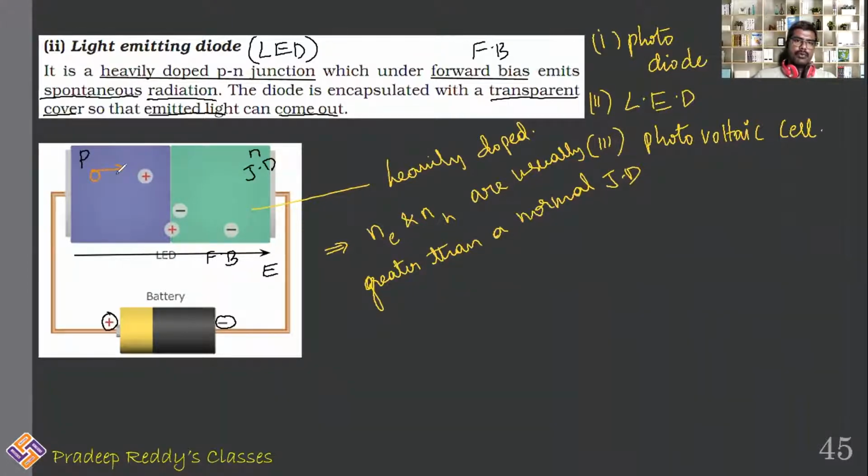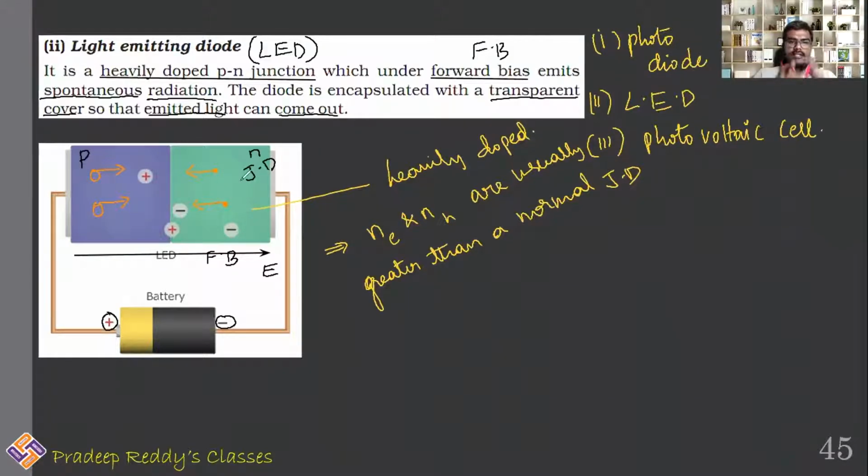The hole is forced to move in the same direction, and the electron in this n type is forced to move in the opposite direction. So as a result, the majority charge carriers from the p type, which are holes, will be moving in the direction of the electric field. And from the n type, the majority charge carriers are electrons, which are forced to move in the opposite direction.